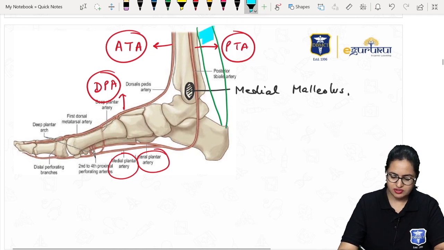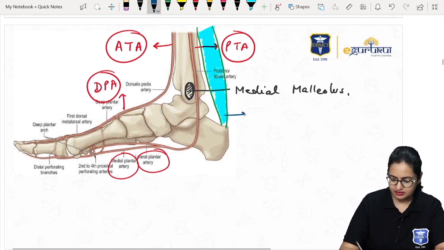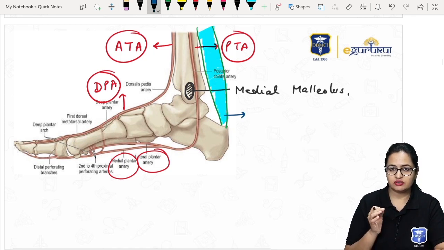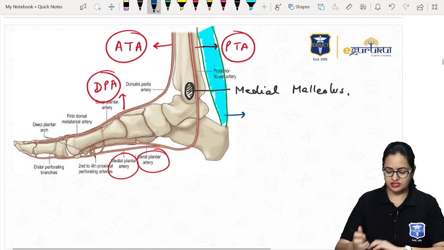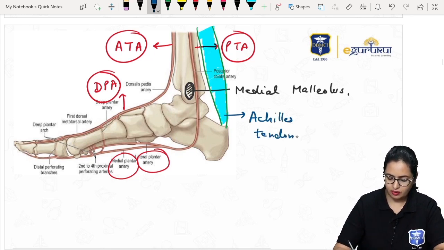So if this is the muscle over here, it has a common insertion at the calcaneum, and this tendon, which is a common insertion for these muscles at the calcaneum, is given the term Achilles tendon, also known as tendocalcaneus.